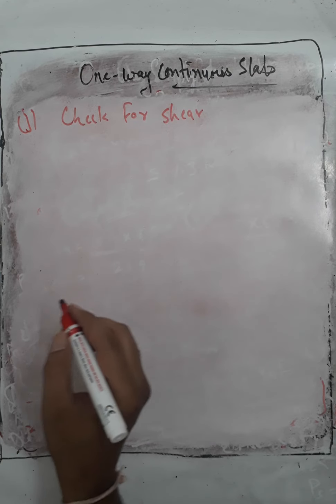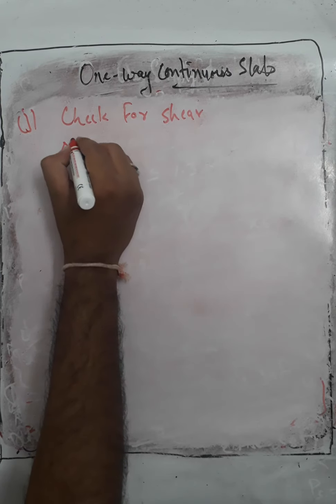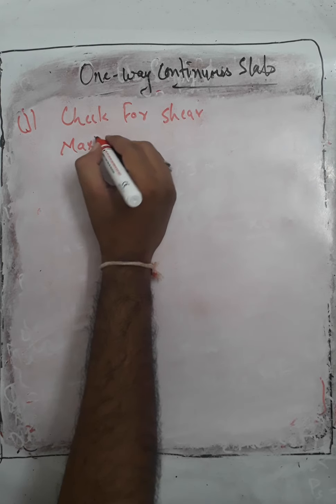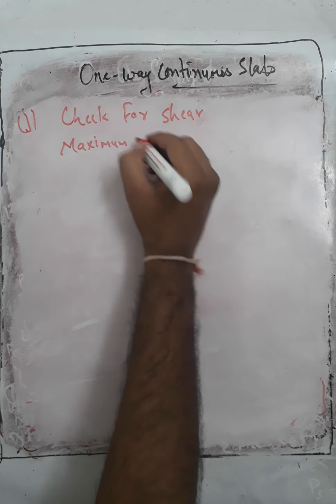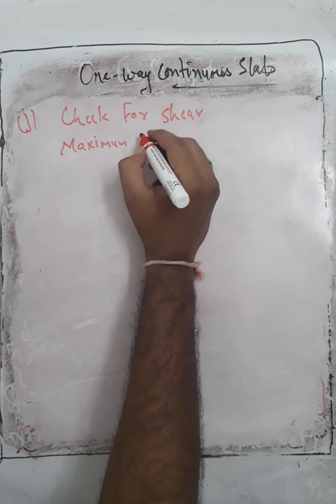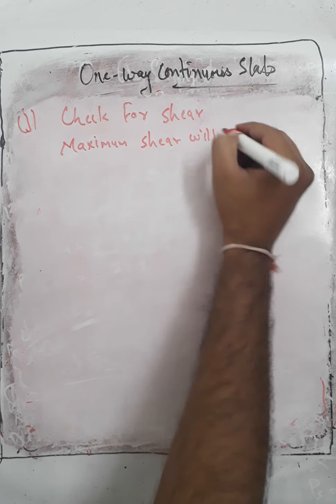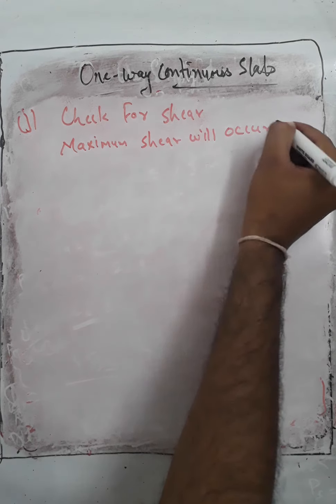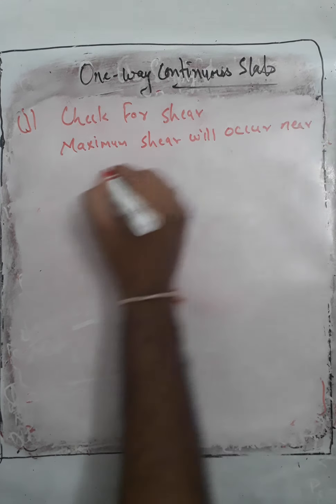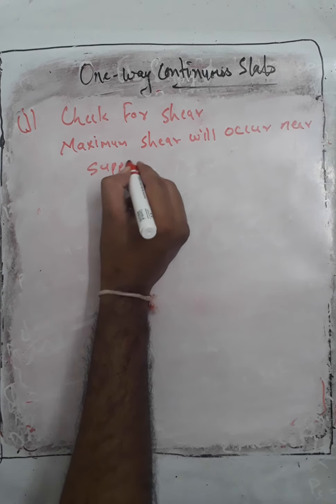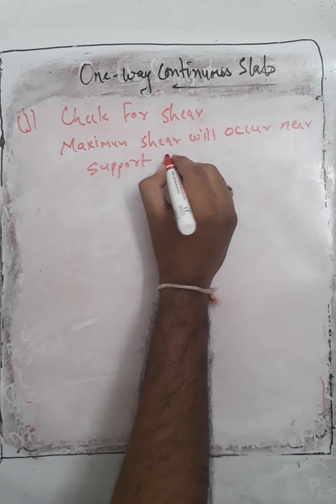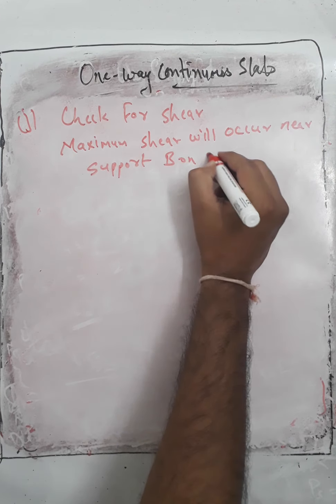So you have designed for maximum shear force, and maximum shear force will occur near support B, which means we have designed shear reinforcement at support B on the outer side.